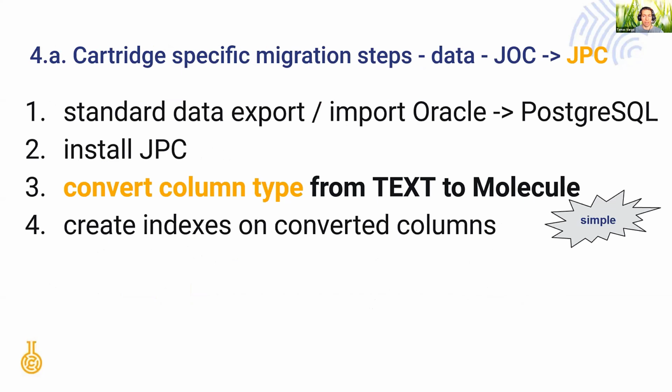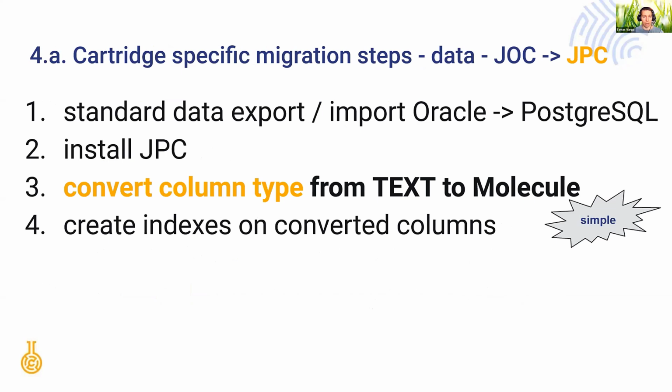And now comes our part, the cartridge specific steps, first from JOC to JPC. And I can tell you that the data migration itself is not difficult, because you just export your data from Oracle, import it to Postgres, and install JPC.